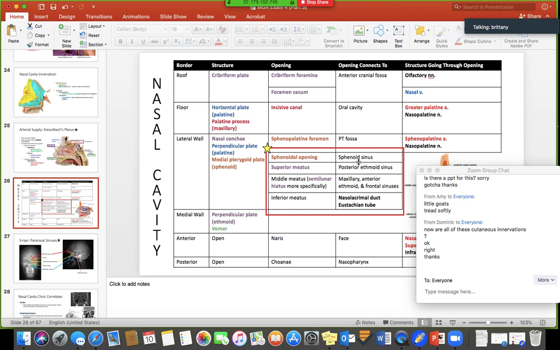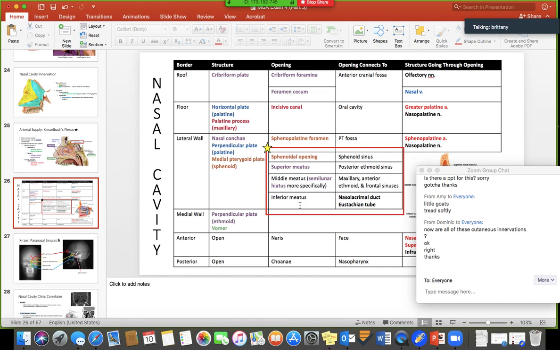All right, she did spend a lot of time on this right here, where each of these sinuses are draining. To get to the sphenoid sinus, you go through the sphenoidal opening and I believe it's the sphenoethmoidal recess, and to get to the posterior ethmoid sinus, through the superior meatus, and then the middle meatus for maxillary, anterior ethmoid, and frontal sinuses.